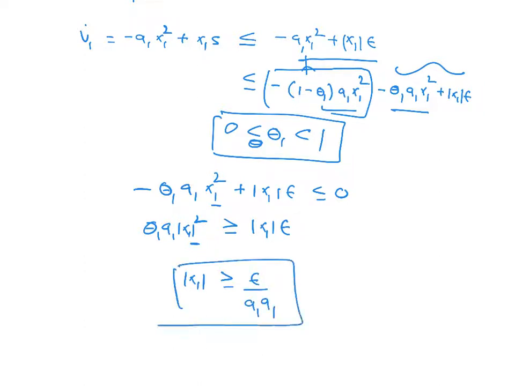So as long as x1 is greater than epsilon over theta 1 a1, we are guaranteed that your v1 dot is negative definite, right? That means x1 will keep decreasing until you hit that boundary.